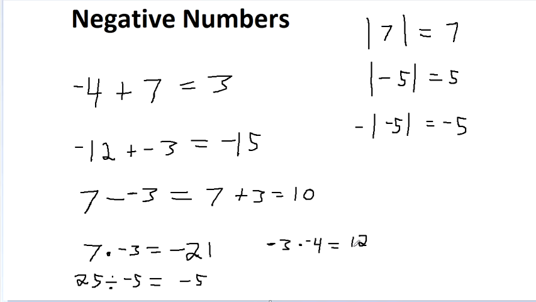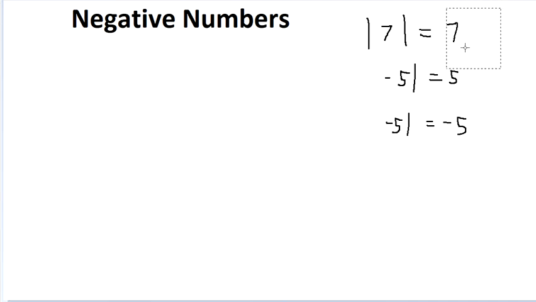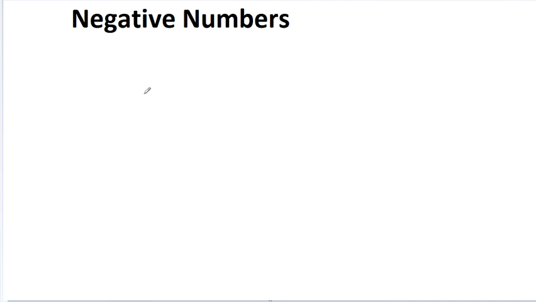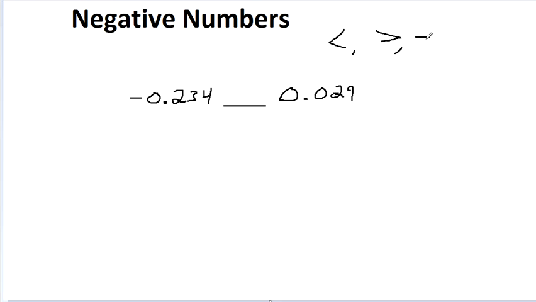Okay, and so one other thing you're going to be asked to do this week, kind of along the same lines, is you're going to be asked to compare two different sets of numbers. So if you got like -0.234 and then a blank space and then let's say 0.29, and then my math lab, they ask you to put one of these symbols in.